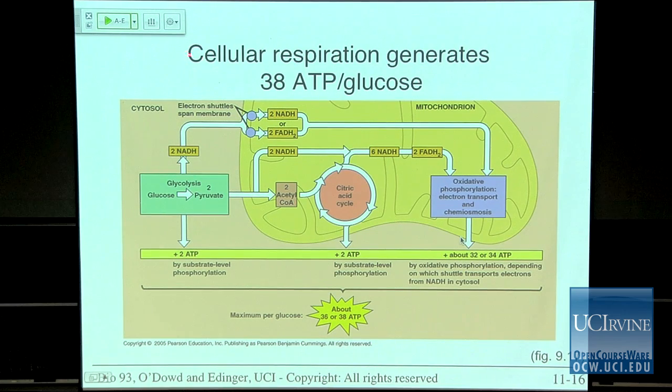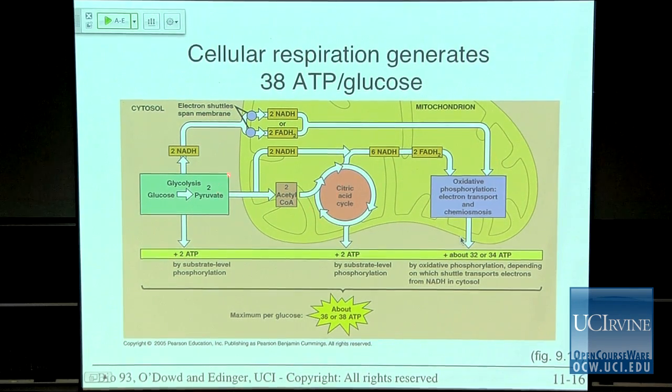Okay, cellular respiration generates 32 ATPs per glucose if everything is basically as efficient as possible. And so remember, in glycolysis, we made 2 ATPs by substrate level phosphorylation, and 2 NADHs that are now going to be fed into the electron transport chain.